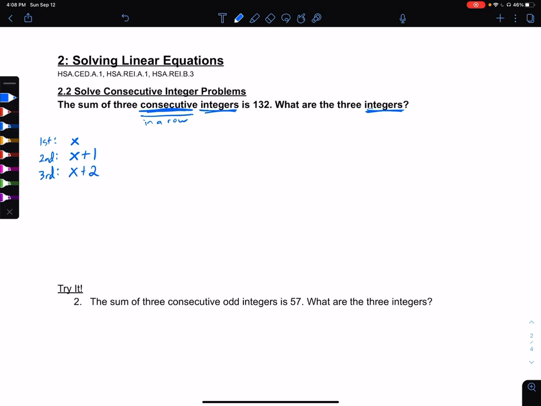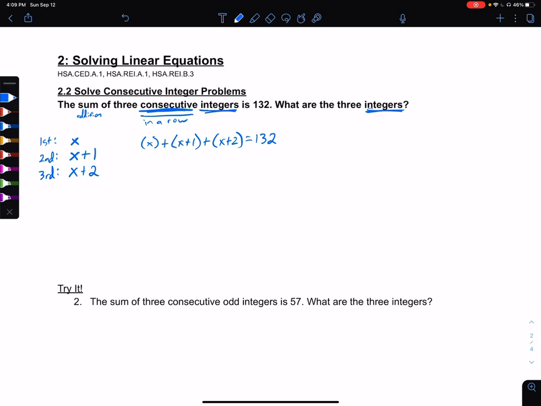They're three consecutive integers, and we know that the sum of those is going to be equal to 132. Sum means addition. So I need to add these three integers: x, x plus 1, and x plus 2. So we have x plus (x plus 1) plus (x plus 2), and we know that is going to total 132.